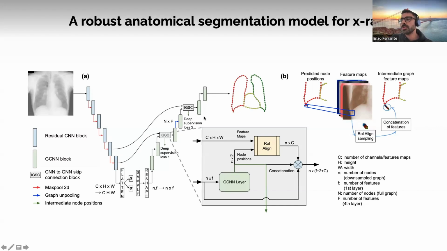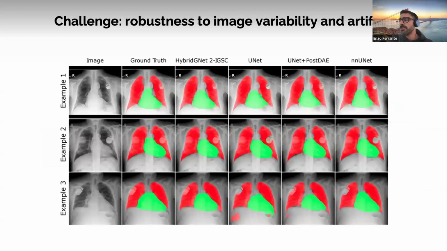And then the reconstruction, the decoder step, is convolutions on graphs. So we have a generative model of graphs as a decoder and an encoder that gives you an embedding from an image. That's why we call it hybrid GNet, because it has classic convolutions on one side and graph convolutions on the other side. And we created this model that is very, very robust with respect to different changes.